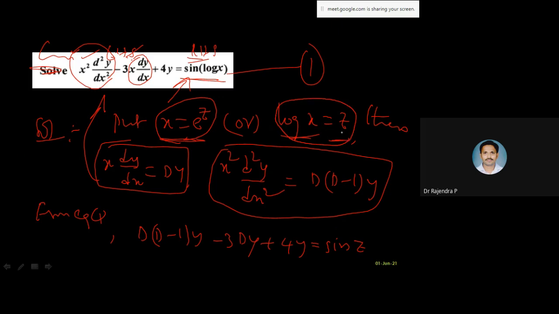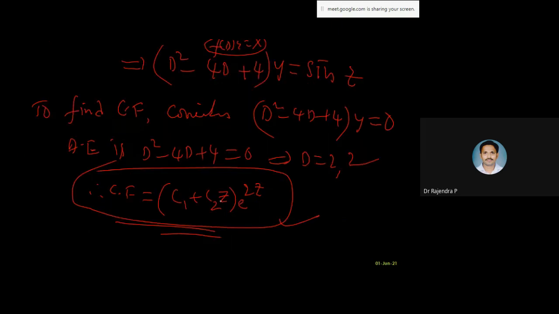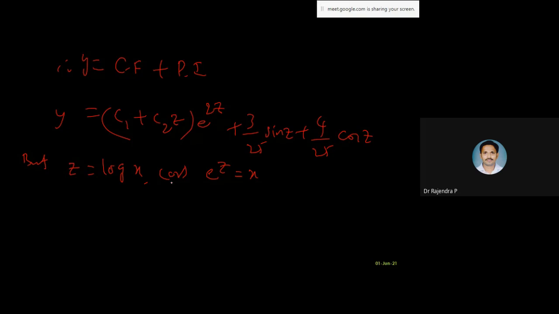So now I have to replace the same thing at the end. Therefore, y is equal to c1 plus c2, in place of z I can substitute log x, into e power z whole square.